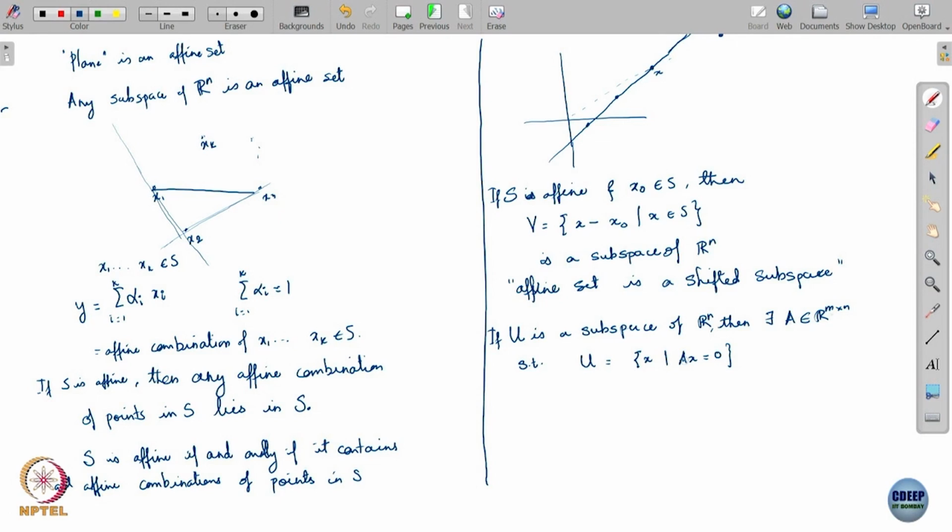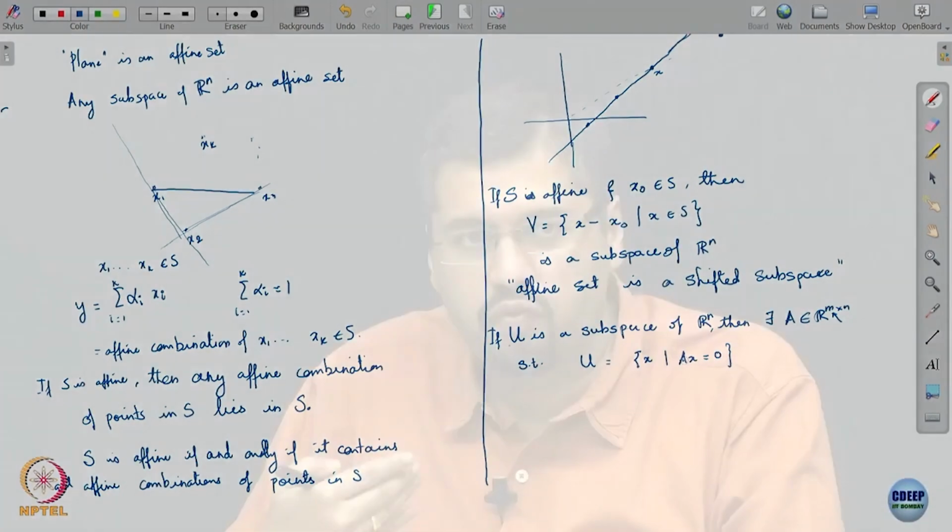The m depends on the dimension of U. Okay, the point is that you can always find a matrix A such that the null space of A is actually the subspace U. Which means any subspace is the solution set of a linear system of equations with a 0 right hand side, right.